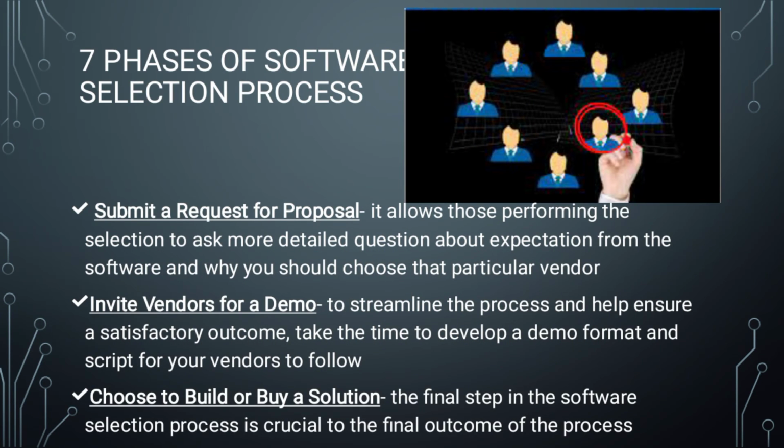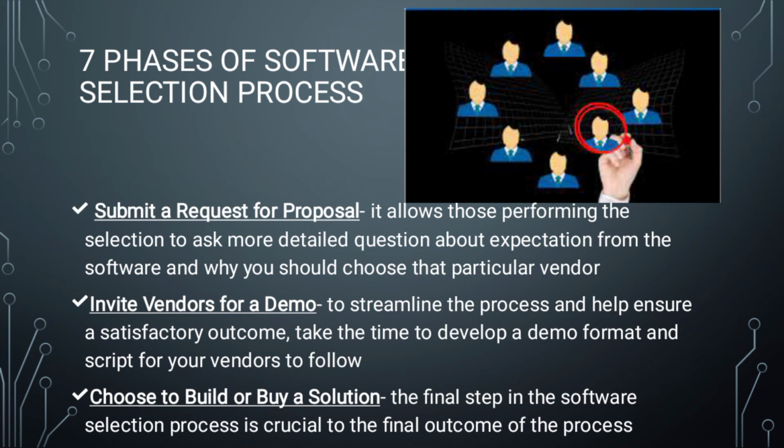So next is submit a request for proposal. A request for information is just the first step of a three-step process. After narrowing down your vendor choices, you will then want to submit a request for proposal or the RFP.